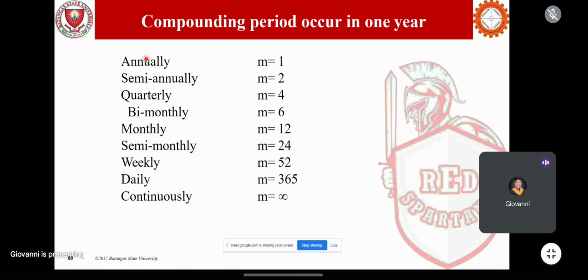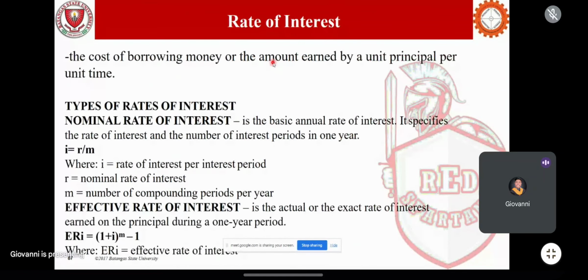Meron na pong kasamang compounding period ang ating interest. So, yung compounding period na yun yung i-divide natin ngayon sa given percentage natin of interest. For example, ang sabi ay 15% compounded quarterly. So, you have to divide yung 15% by 4 para makuha yung ating interest na panibago na ating gagamitin.